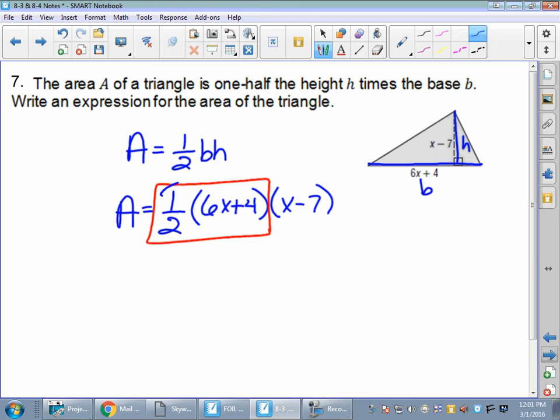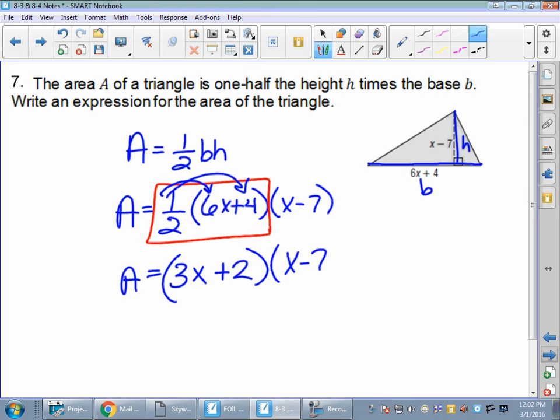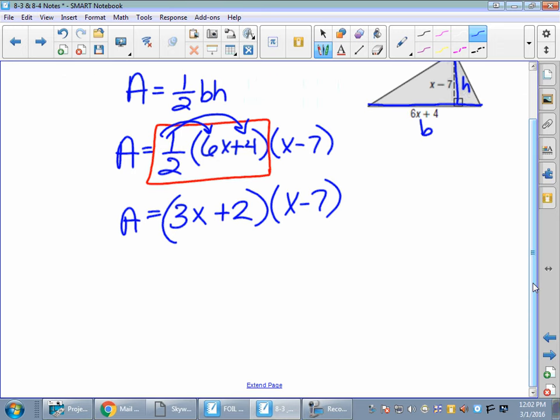So I'm going to distribute my half through, and I get area is equal to half of 6 is 3x, and half of 4 is 2. So that new quantity of those first two terms is 3x plus 2, and x minus 7 is left over. Now we can distribute, break up one of them.